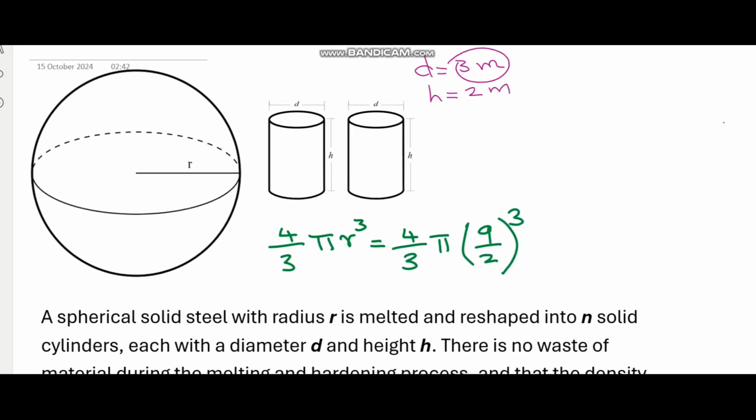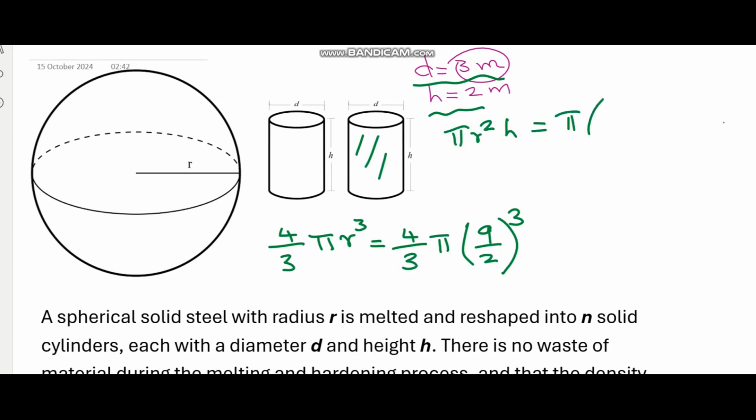Okay, now let's find the volume of one of these cylinders. We are given that diameter is 3, the height is 2. So the volume of one of these cylinders is given by pi r squared h.